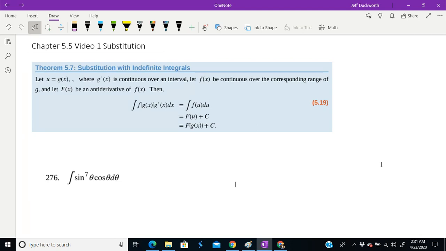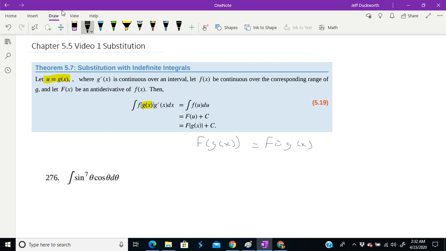So if you notice, we're going to let U be equal to this G of X, and G of X is right there. Now, you notice we have an F of G of X. Remember, F of G of X is really a composition, F of G at X. So it's a composition of two functions.